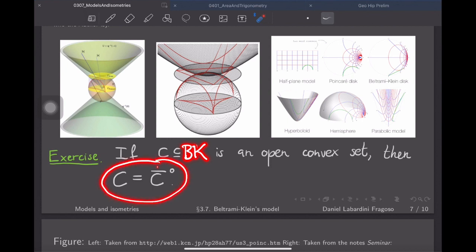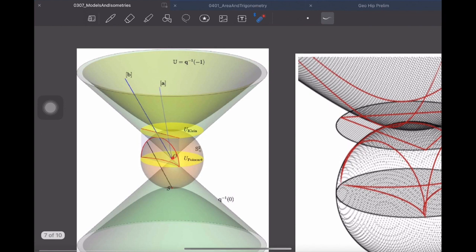But then I also know it for the other models, because the stereographic projection from here to the hyperboloid sends shortest curves to shortest curves, and it's a homeomorphism.